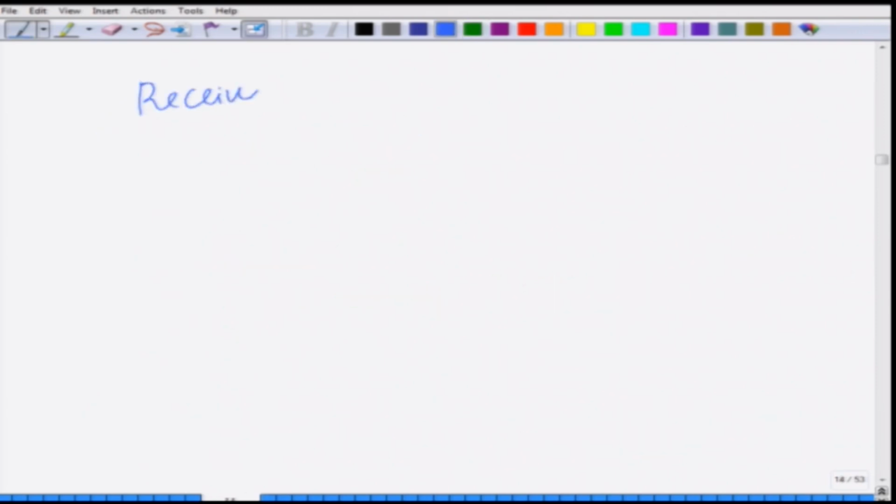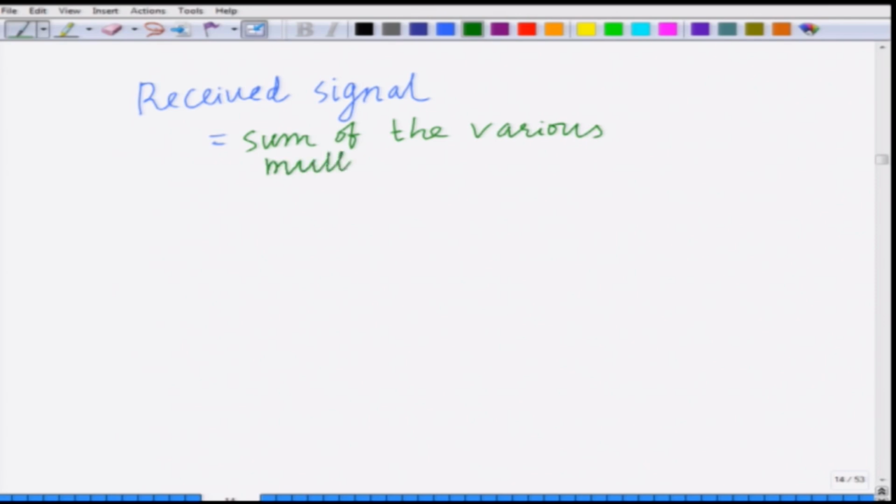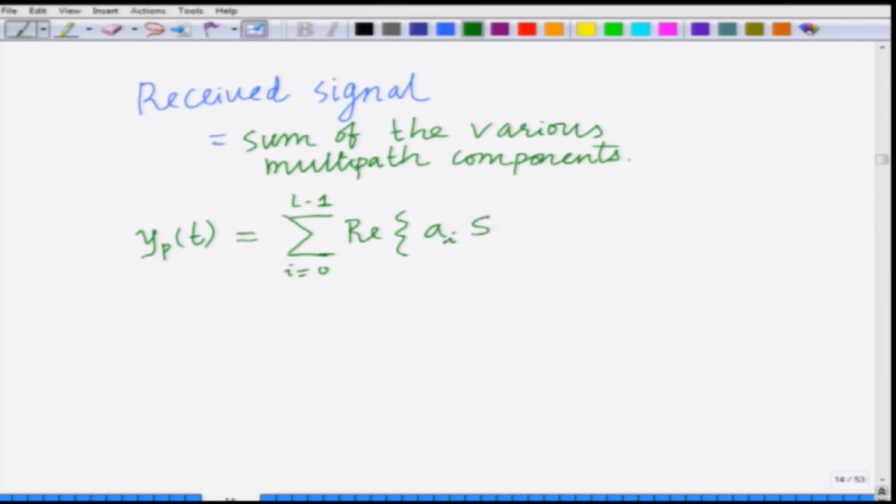The received passband signal equals the sum of the various multipath components, and therefore what we have is y p of t, the received passband signal, equals the sum over i equal to 0 to L minus 1 of the real part of AI times S of t minus tau I times e to the power of j 2 pi f c (t minus tau I), right.